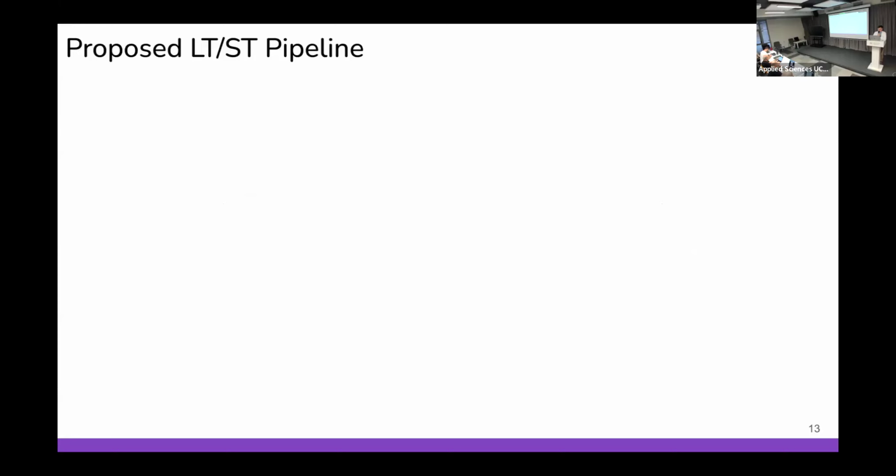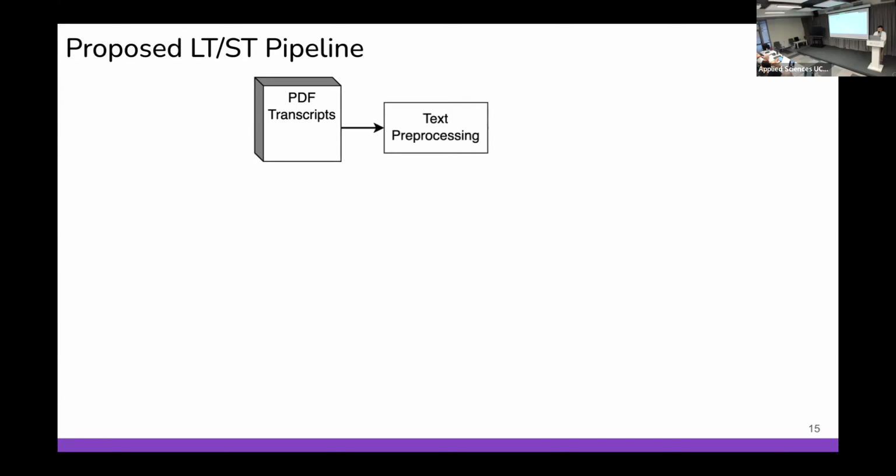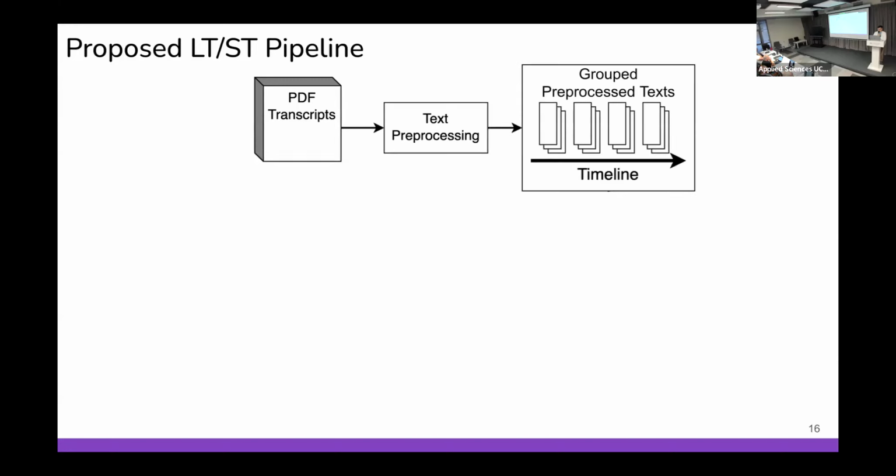So let's discuss our pipeline. First of all, as input, we are going to receive PDF transcripts. PDF transcripts contain information about what politicians were talking about in their sessions. They contain speeches, debates, conversations, etc. After that, we are going to preprocess the text and remove any useless information. Then we are going to group this preprocessed text.